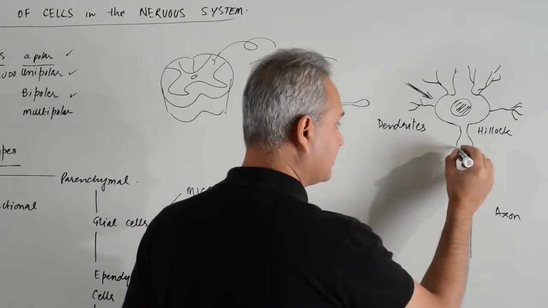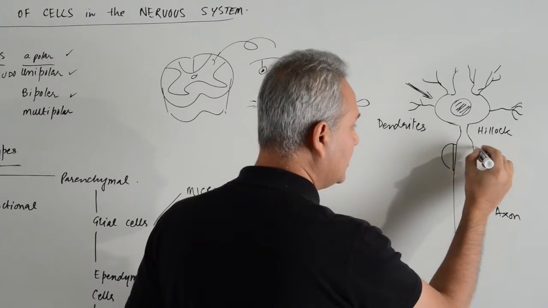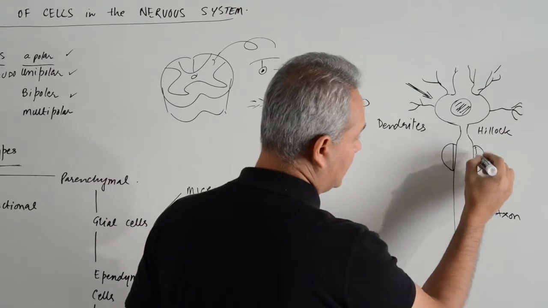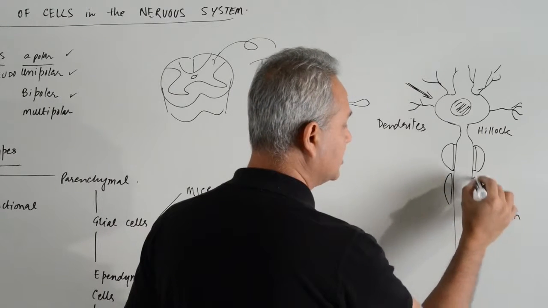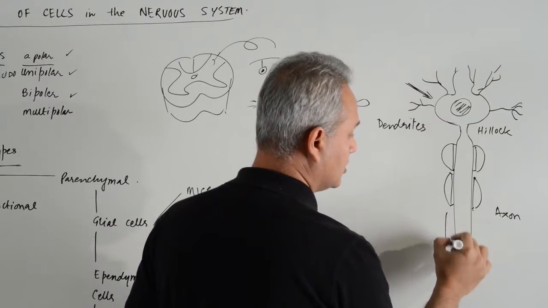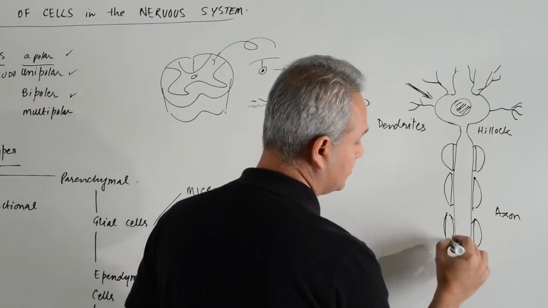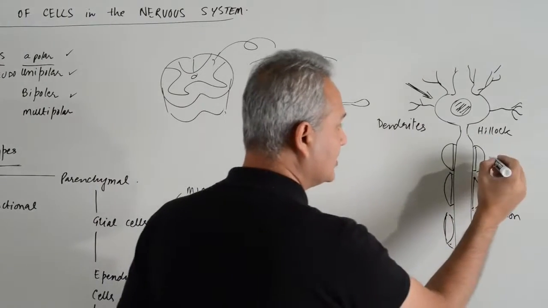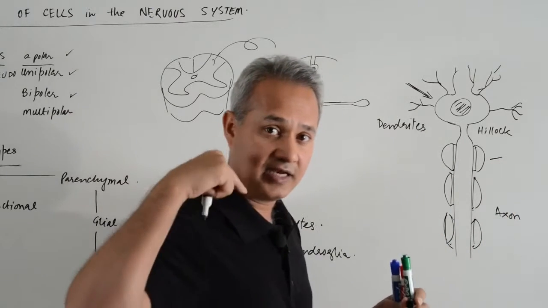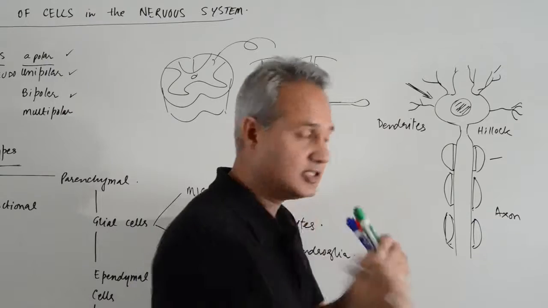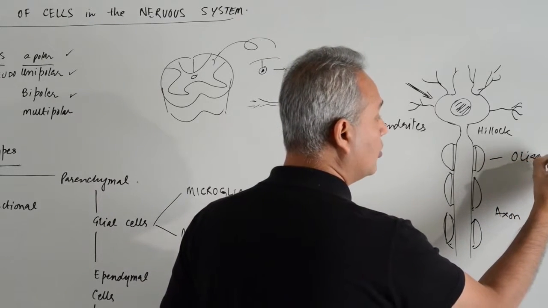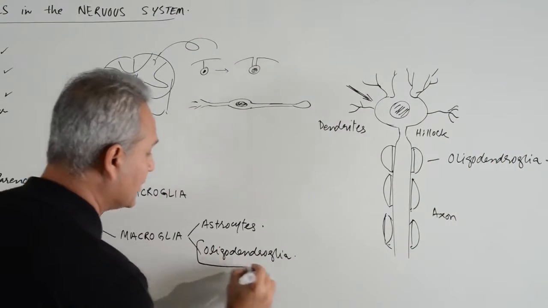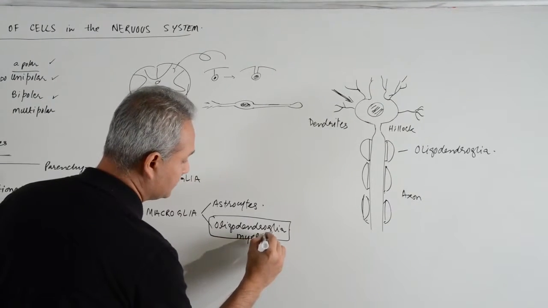Now if it is myelinated, then the cell that is going to be myelinating it, this is how the myelination is. Originally, this is one cell wrapping it or multiple cells wrapping it. If the neuron is inside the brain and the spinal cord and does not leave it, the central nervous system, then oligodendroglia are the myelinating cells.